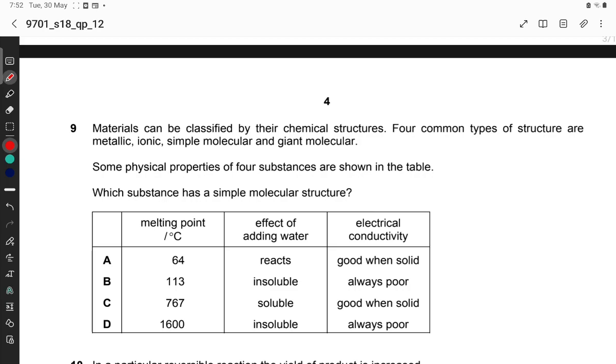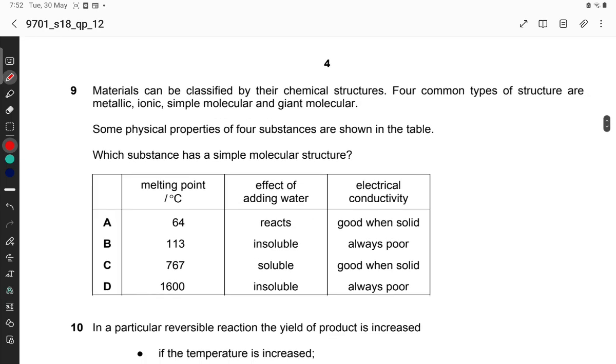Now we know that in simple molecular structure weaker intermolecular forces are present, so the melting point and boiling point should be low.